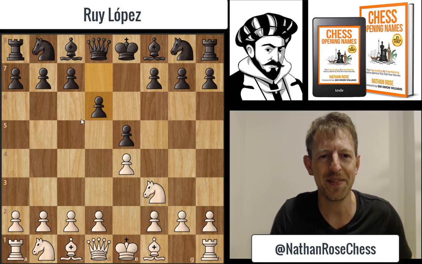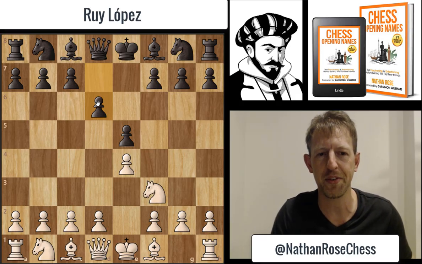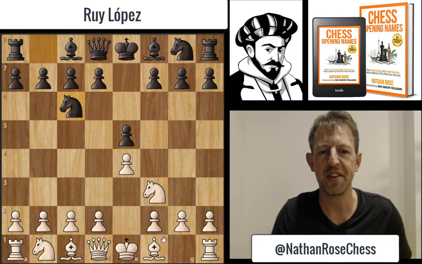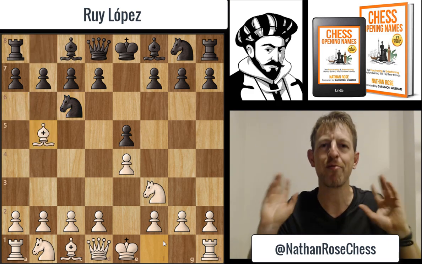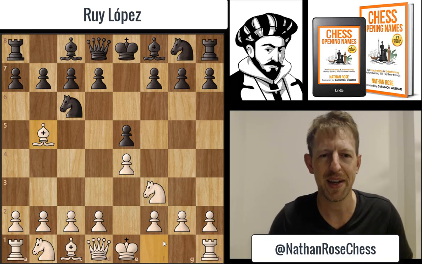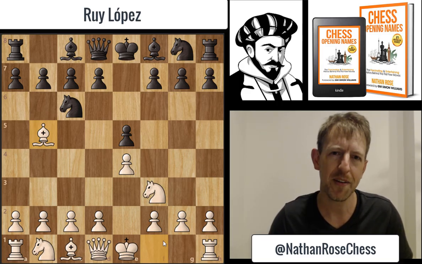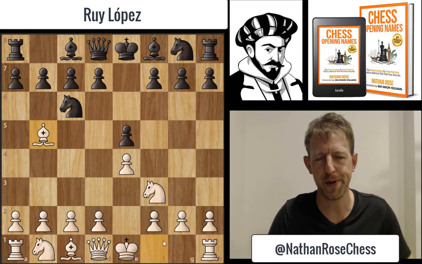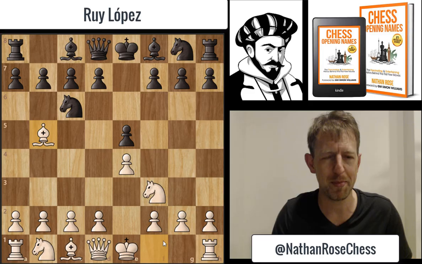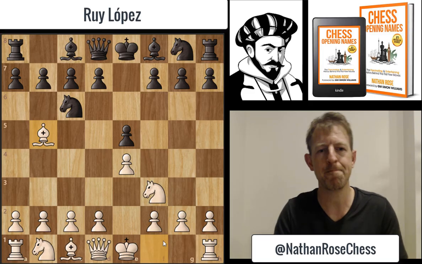So this didn't have a name, but d6 was López's recommendation. And he thought that after knight c6, bishop b5 was the refutation to Damiano's recommendation. So, of course, today we know that that's not true. This is a perfectly fine starting position for black, and black enters into it all the time. There's plenty of play for both colours.